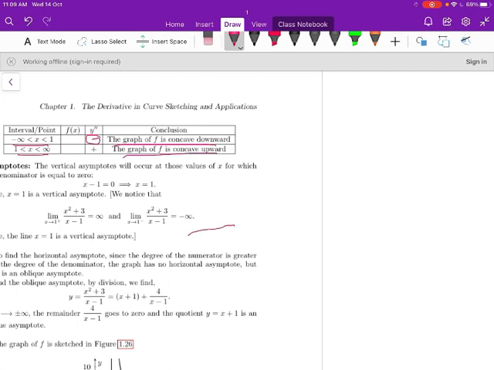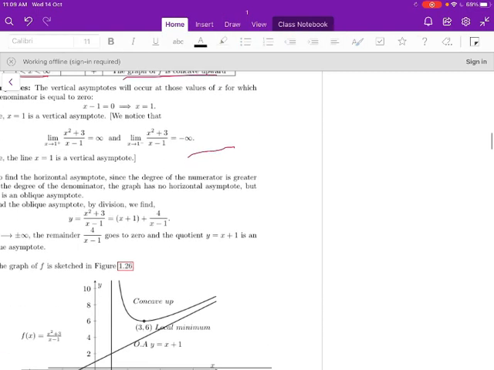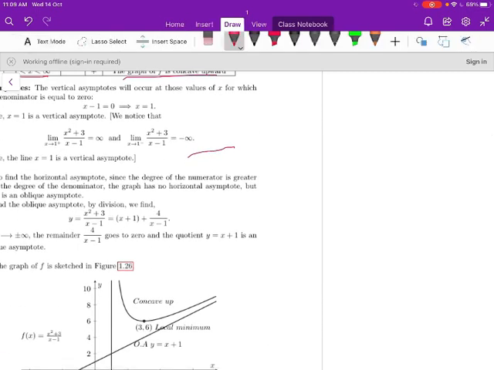So let us move to the asymptotes here. The given function is a rational function, so one can find the asymptotes. To find vertical asymptotes, equate the denominator to 0: x minus 1 is equal to 0, so x is equal to 1. x equal to 1 is a vertical asymptote. Otherwise we can check through the definition also.